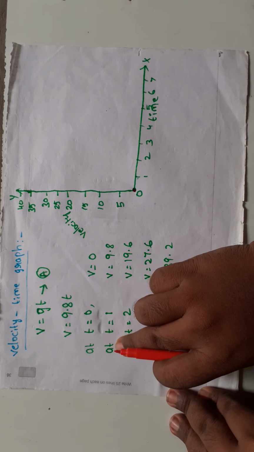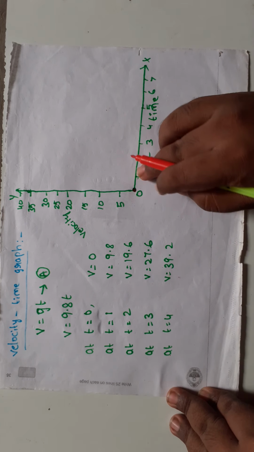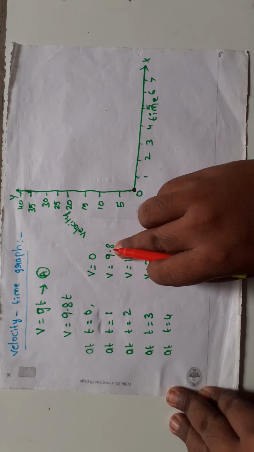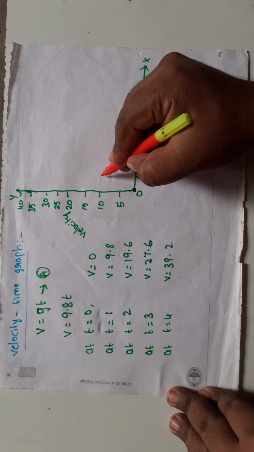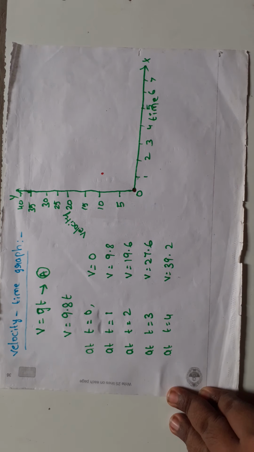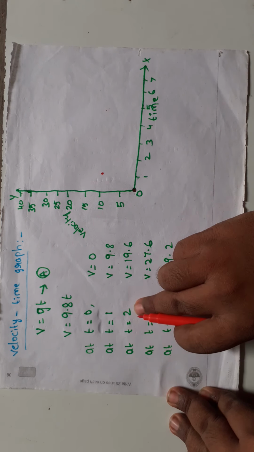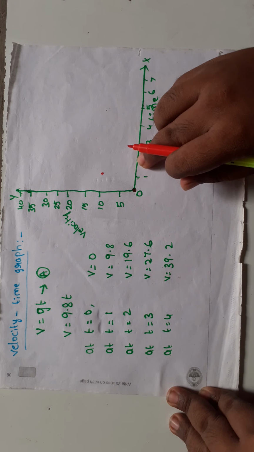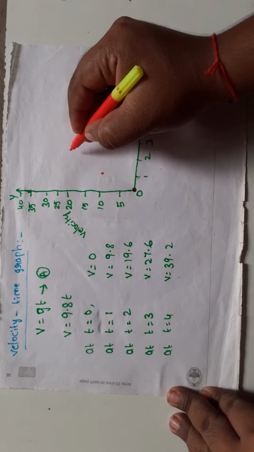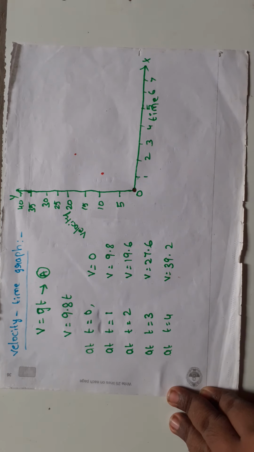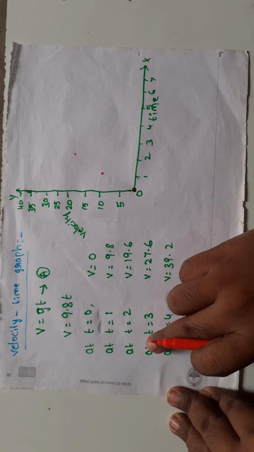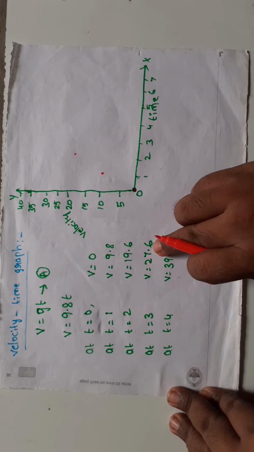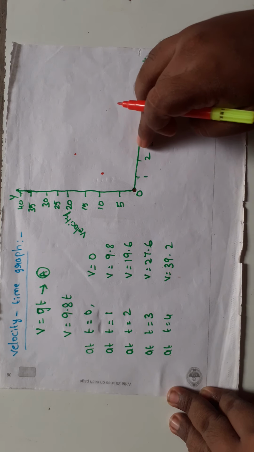First point. Second point, at time t equal to 1 second, velocity value is 9.8. So nearly here. At time t equal to 2 seconds, velocity value is 19.6 here. At time t equal to 3 seconds, velocity value is 27.6.